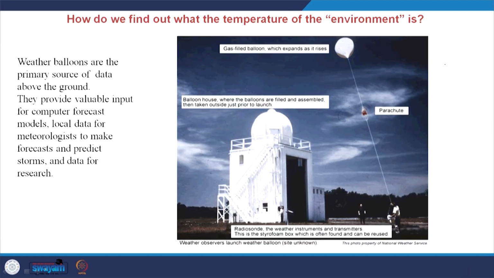Now, how do we make all these measurements? Let us say how the temperature is changing with respect to height, at what height we can find what temperatures, and what is the rate at which this temperature changes. So, how do we find all these parameters? Generally the most efficient or most frequently used method is by using balloons. Weather balloons are the primary source of data above the ground.